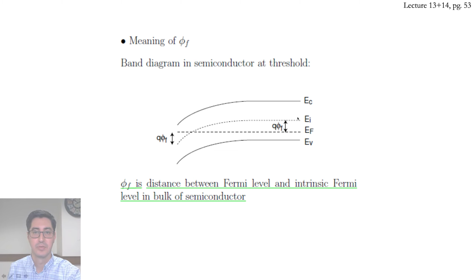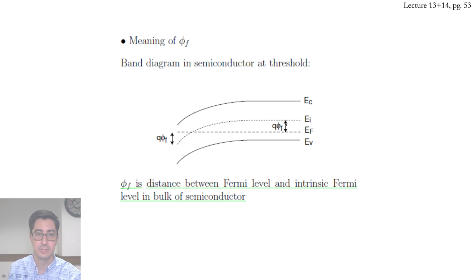When the Fermi level's at the intrinsic energy, n equals p equals ni. Well, when does the electron concentration at the surface equal the hole concentration in the bulk? Well, it's when at the surface EF minus EI equals q phi F.